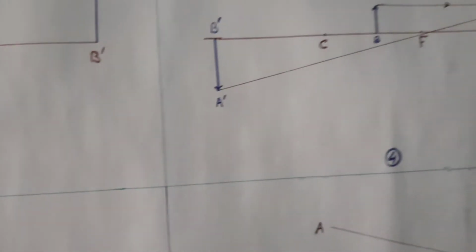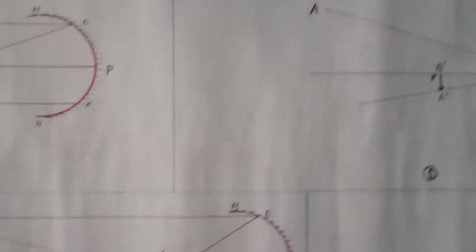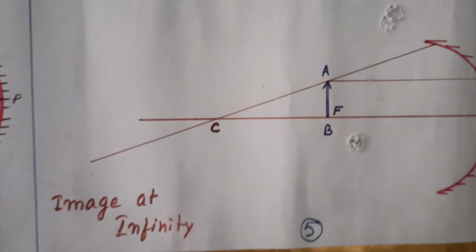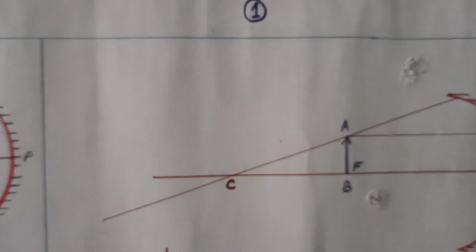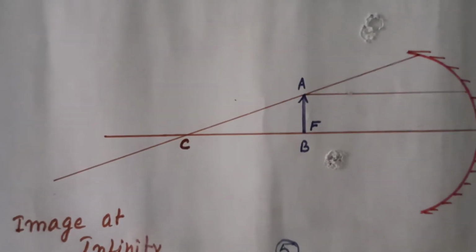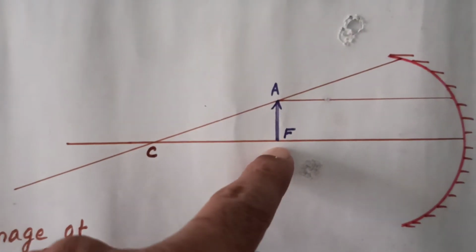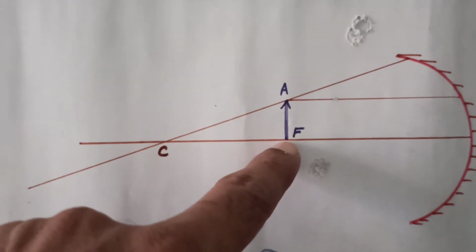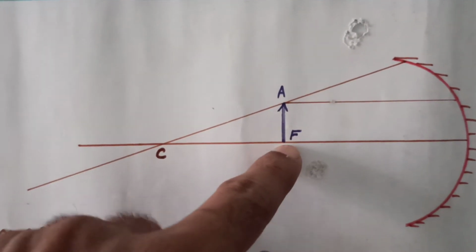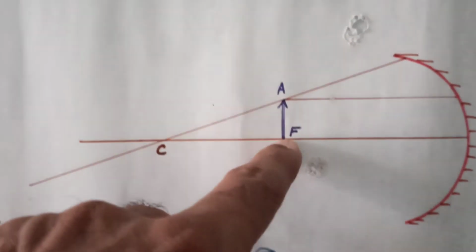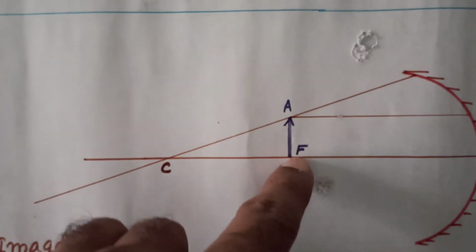Now we'll proceed to the fifth diagram. In the fifth diagram, you can see that when the object is placed at F, this is the F, that is focus. When the object is placed at F, this is the object, AB is the object which is placed at F, the position of the object is at focus.